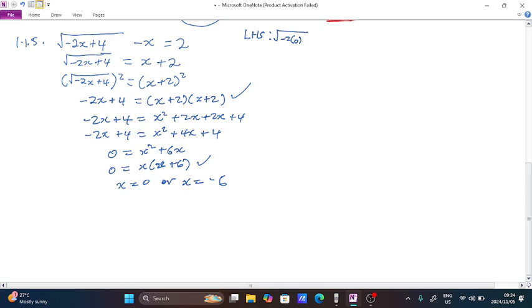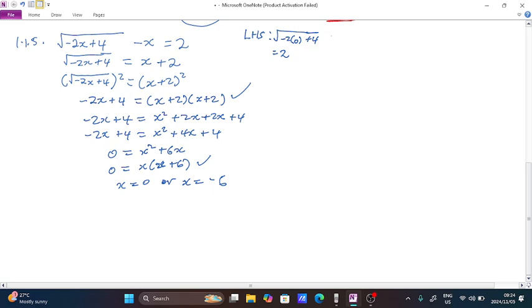Let's take x as 0, plus 4. What do you get? Minus negative 0. My x is 0 again. So what do you get? That is true again. This is true.